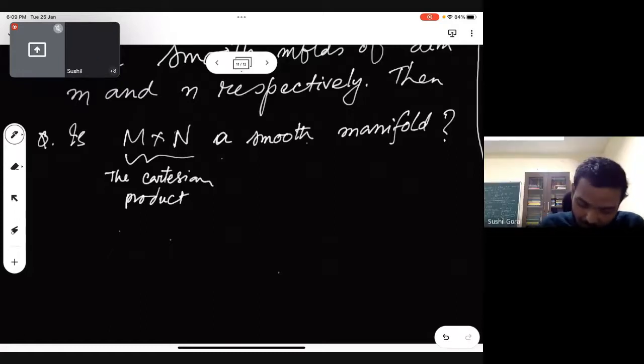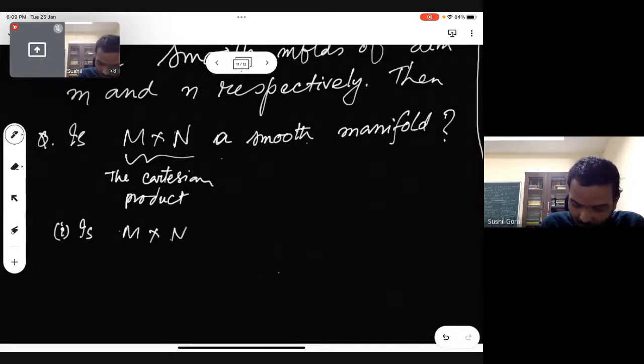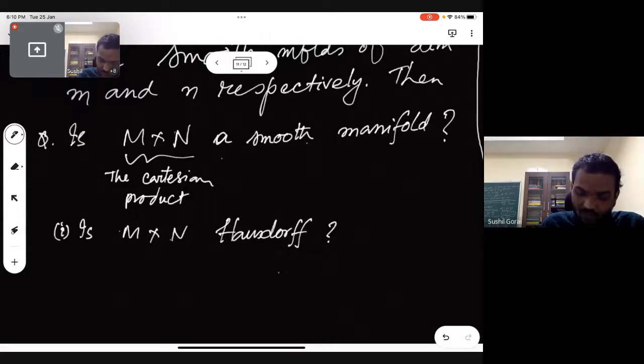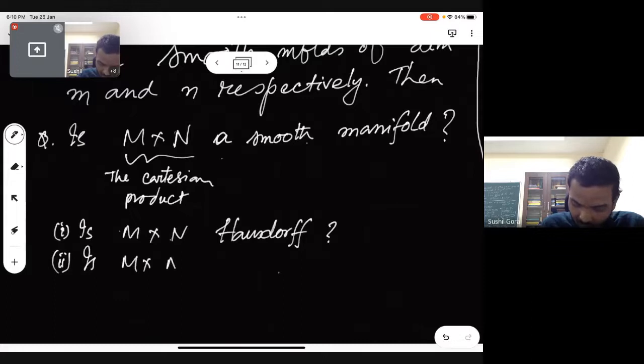Okay, there are more questions even. Given M and N Hausdorff, is M cross N Hausdorff? Is M cross N second countable?